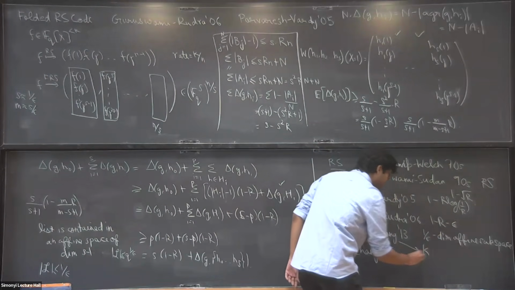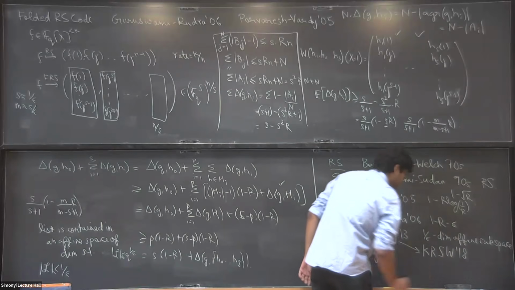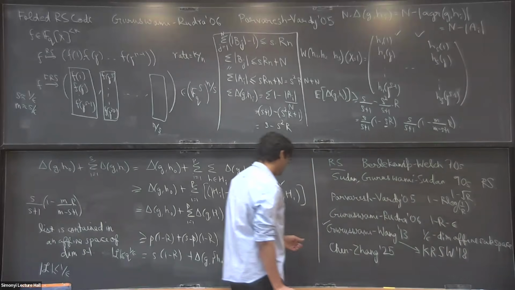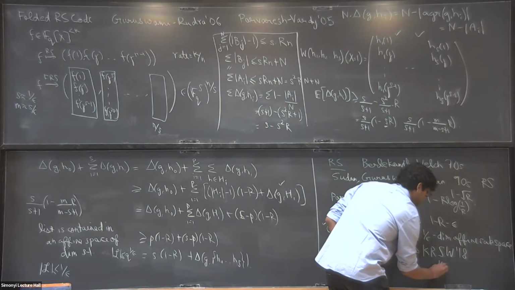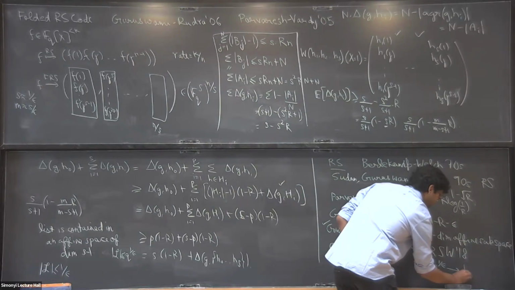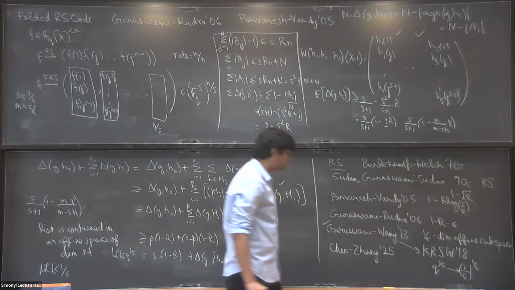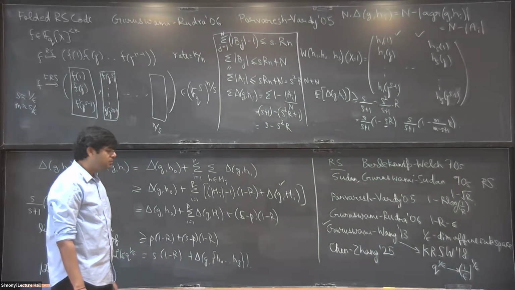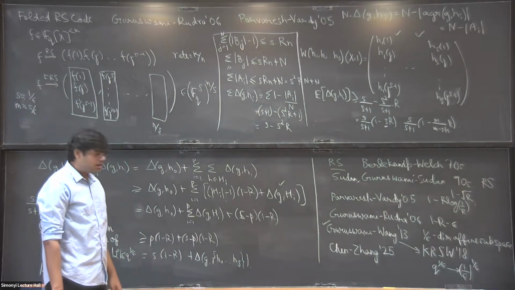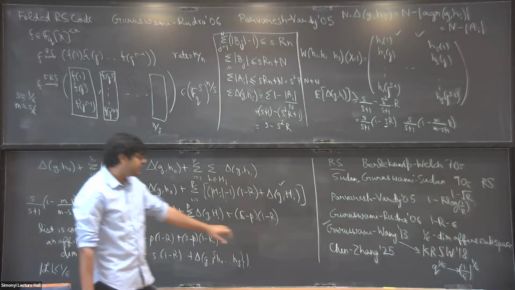There was the Kopparty, Ron-Zewi, Saraf, and Wootters result that said that one, you can reduce the list size from q to the 1 over epsilon to 1 over epsilon to the 1 over epsilon. The subspace designs of Guruswami and Xing was earlier than this. Yes, that's right.